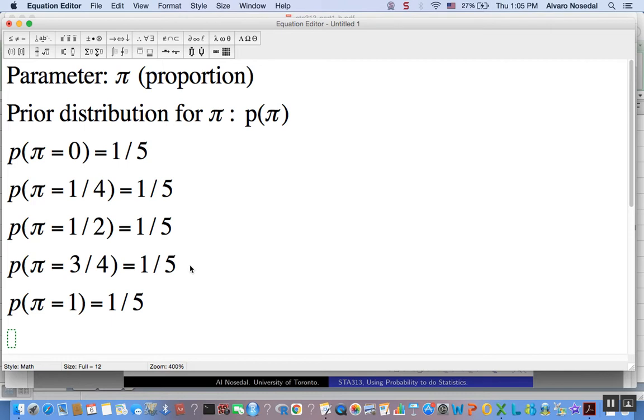Think about a model that you have seen before, where you have the same probability for any of those values between 0 and 1, an extension of something like this.